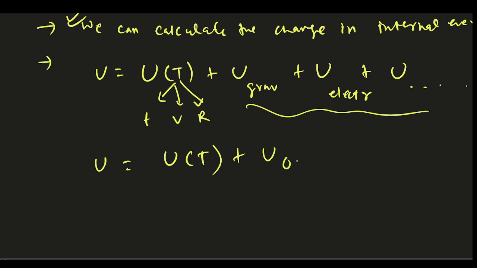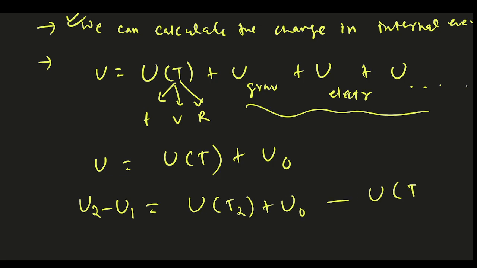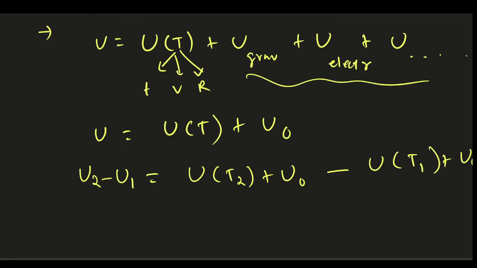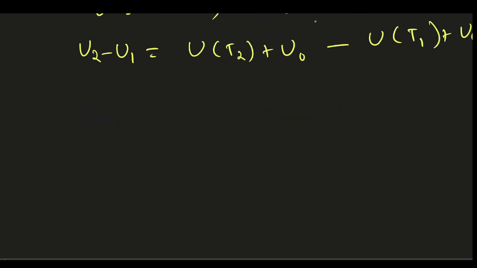All other energies are negligible. So I take this at T2. Change in internal energy means U2 minus U1, so (U_T2 plus U_0) minus (U_T1 plus U_0).